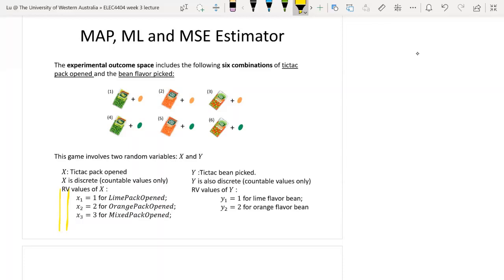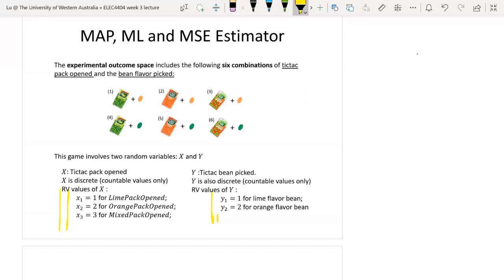And correspondingly, regarding the flavor of the bean, there are only 2 options: lemon one or orange one. So I'm using y1 to denote the lemon one, and y2 equal to 2 to denote the orange one. So after this step, we got only the values of the random variables, rather than the different colors of the boxes and different flavors of the beans.